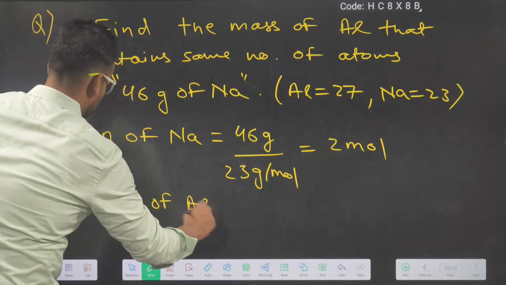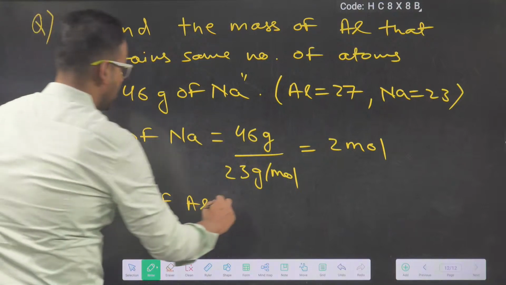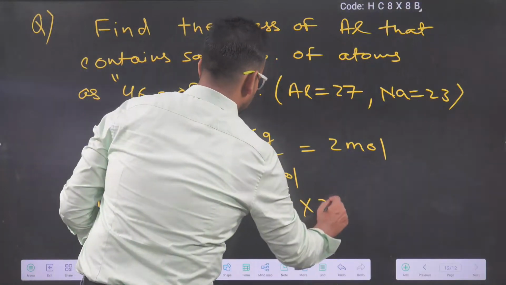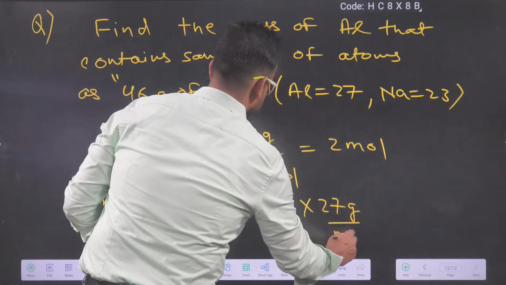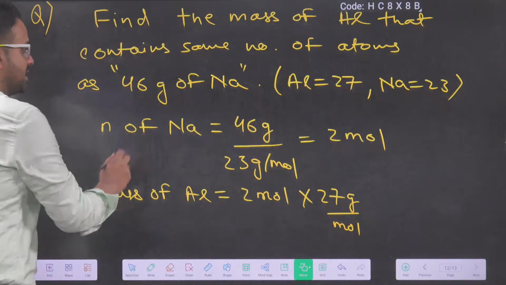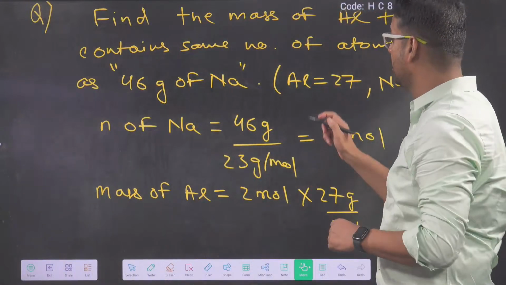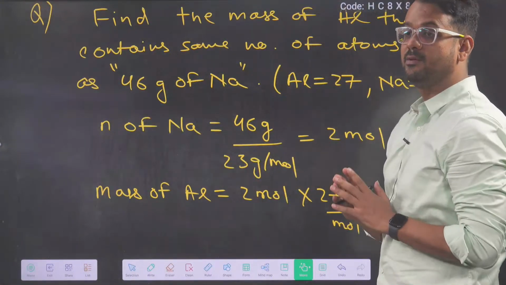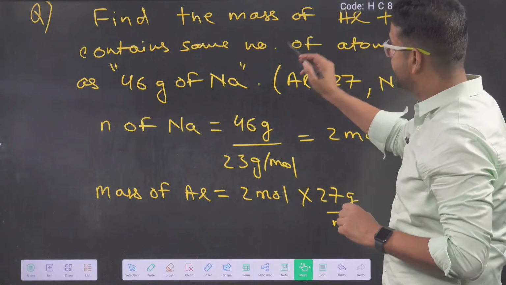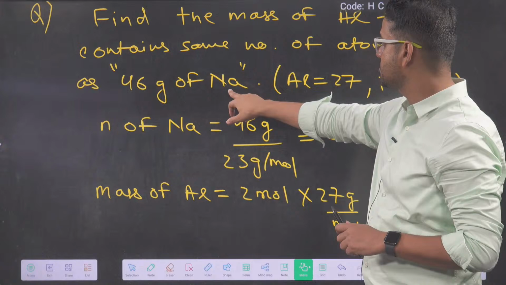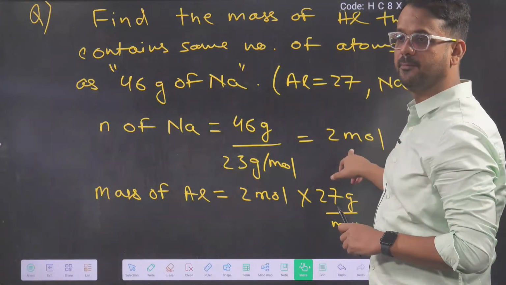mass of aluminium for 2 mole will be 2 moles into 27 gram per mole. My question is asking what will be the mass of aluminium that contains same number of atoms as 46 gram of sodium. So 46 gram sodium means 2 moles of sodium.